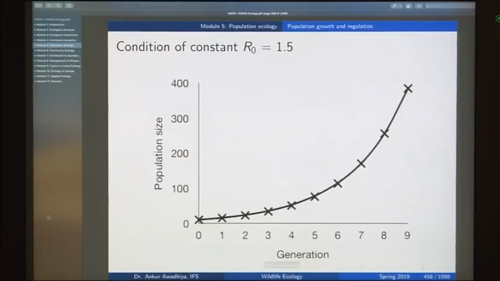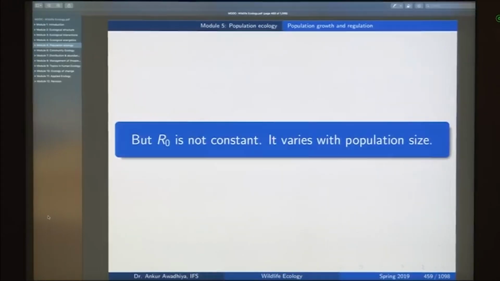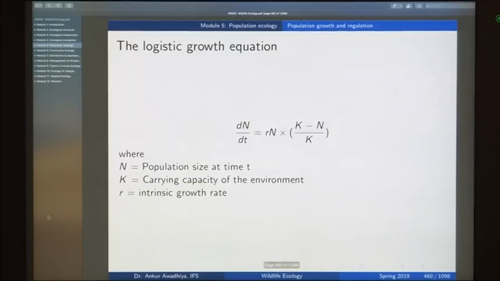So, the population is increasing exponentially, but then in actuality your R naught or the growth rate is not constant. So, it varies with the population size, so that you get to the sigmoidal curve or the logistic curve. So, this is the logistic growth equation, dN by dt, that is the rate of change of population size per unit time, is a factor of the growth rate.